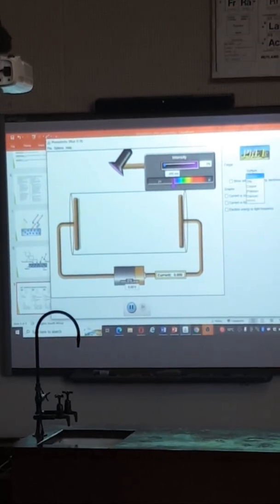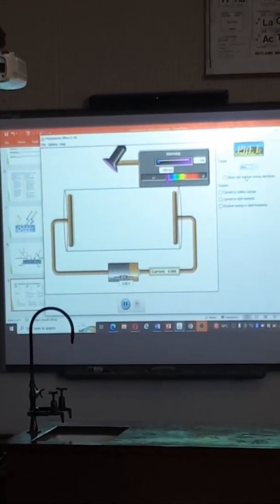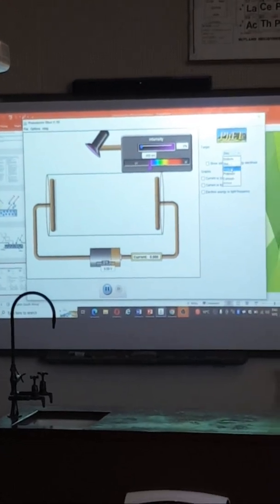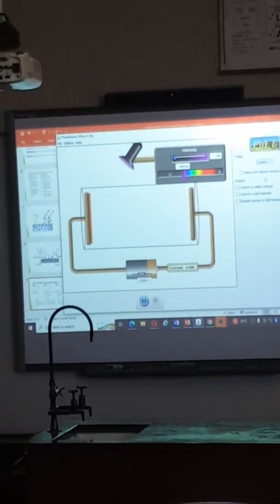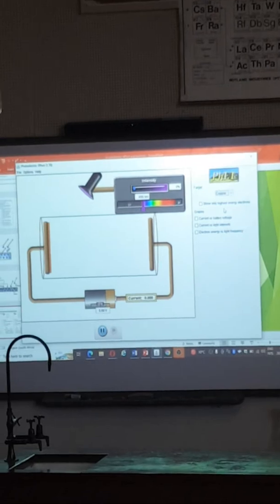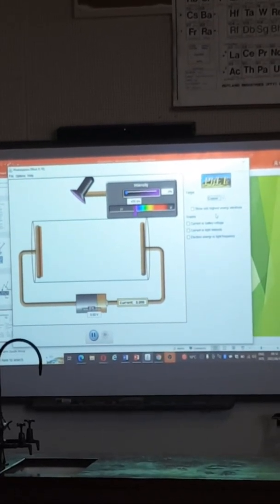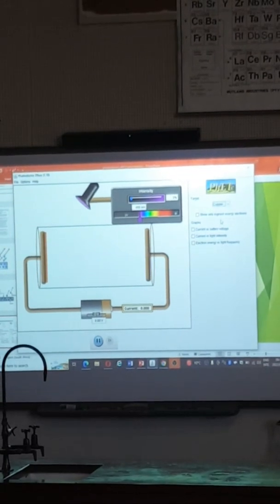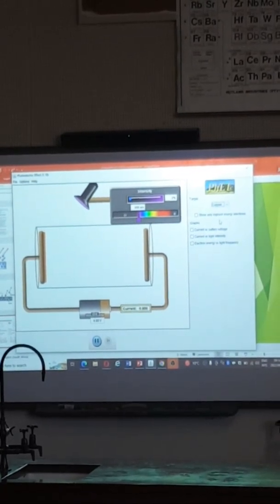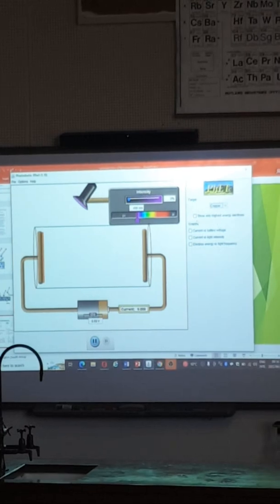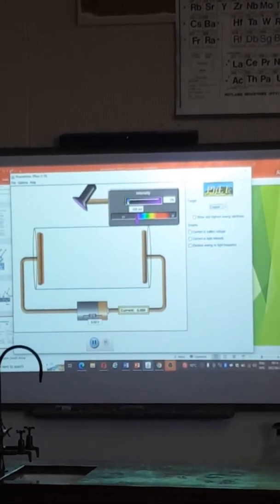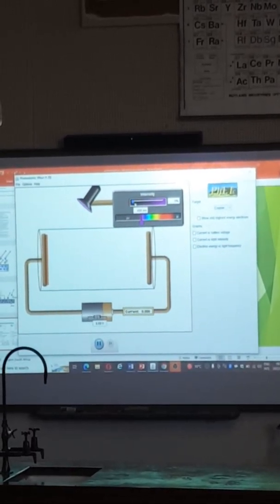No matter which metal you use, there will be no electrons ejected because there is no light. Remember, when we talk about the photoelectric effect, it is the light being shined on the metal. That is when the electrons are going to be ejected.